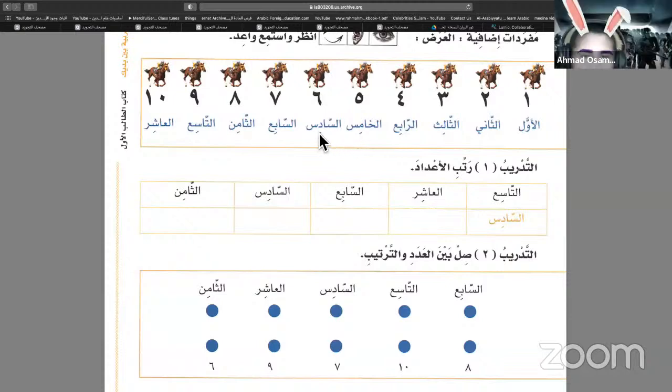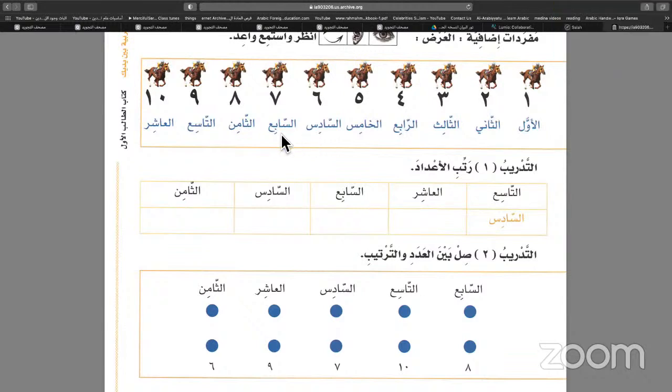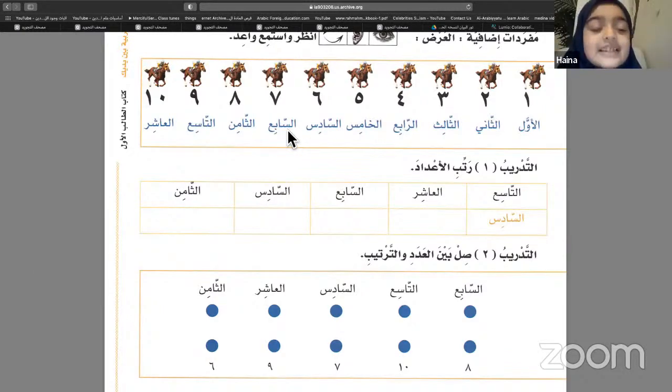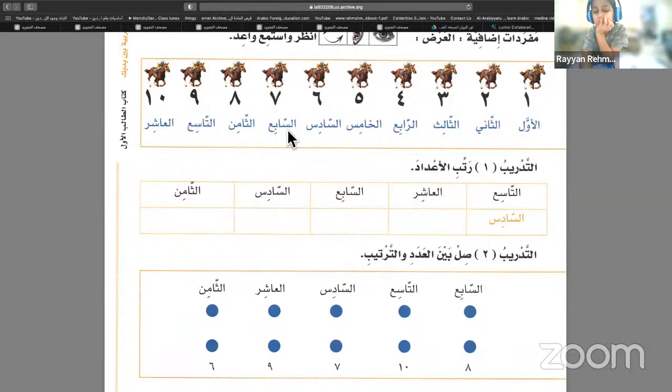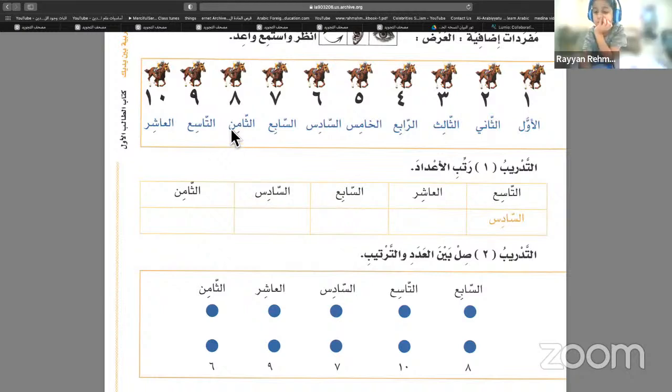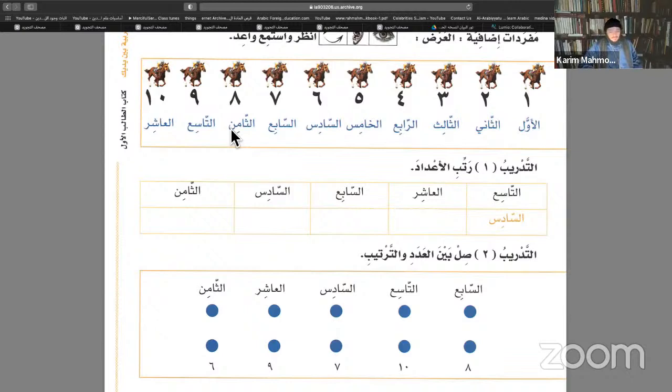السادس means the sixth. Good. السابع means the seventh. Okay. الثامن means the eighth.